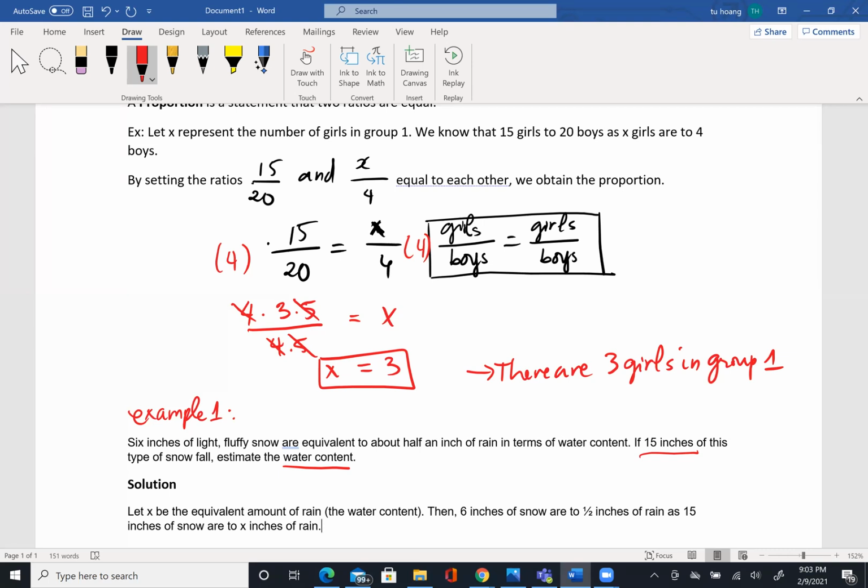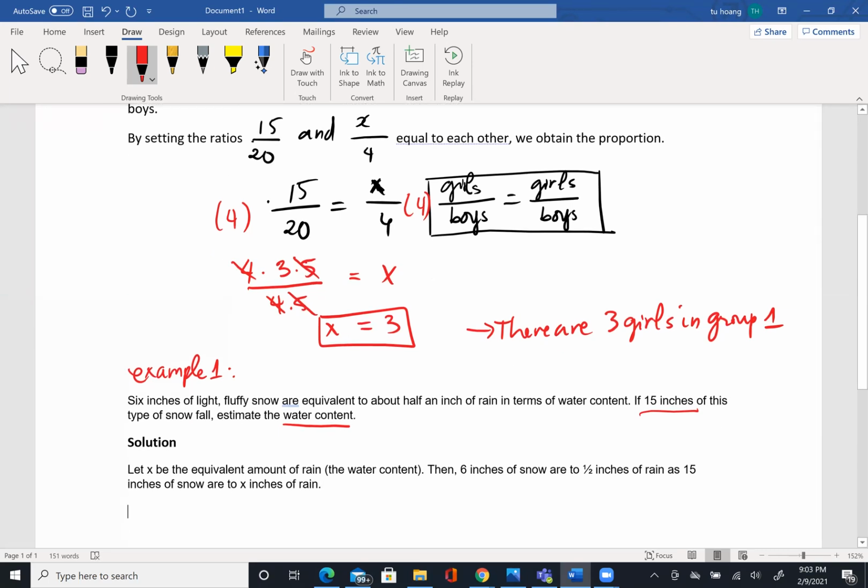Okay, so we can write it in the form as, so I would like to look for the water, right? So I would like to write X on the top. So X is the amount of rain.